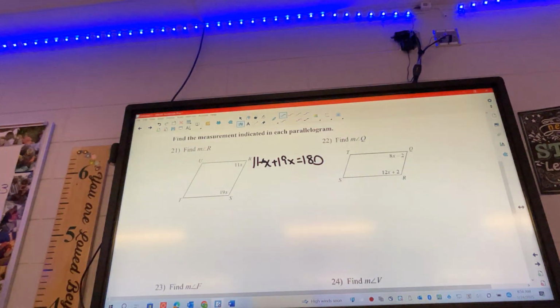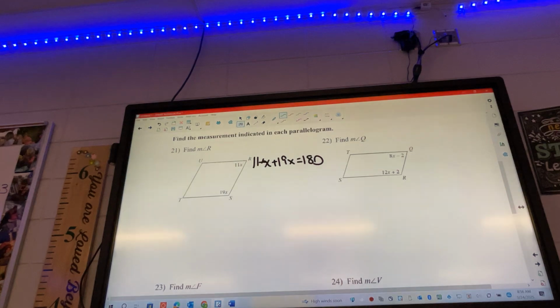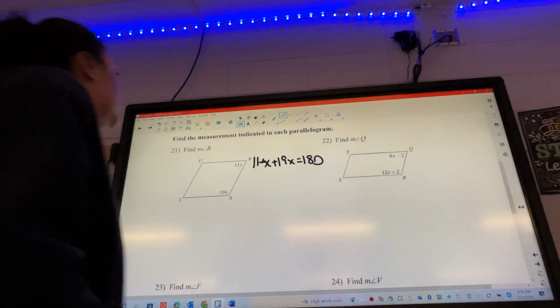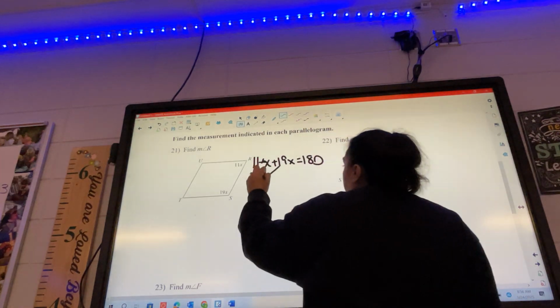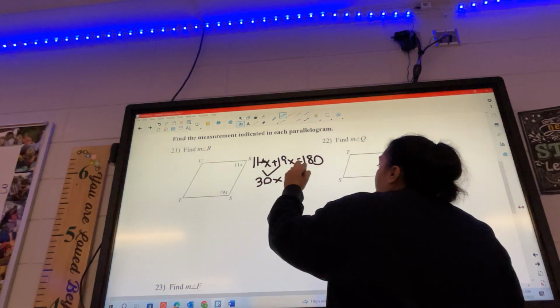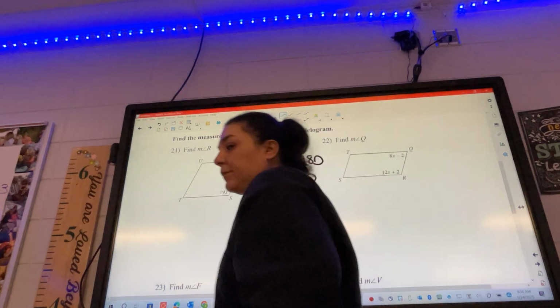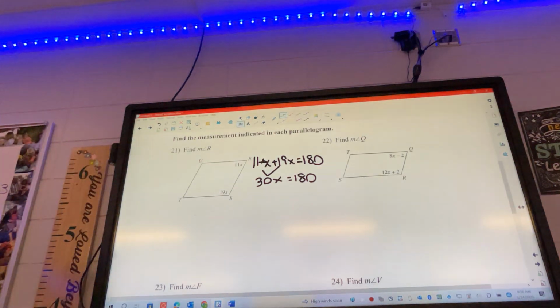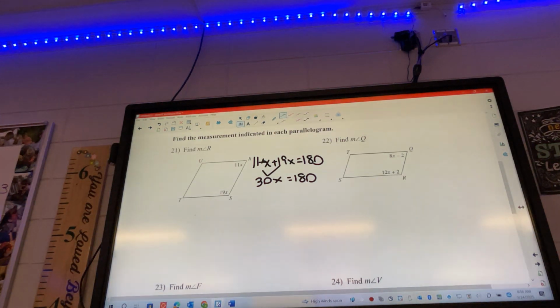Okay, who can get combined? 11x and 19x, and that's going to give me what? 30x equals 180. Okay, then what needs to happen? Divide both sides by 30.